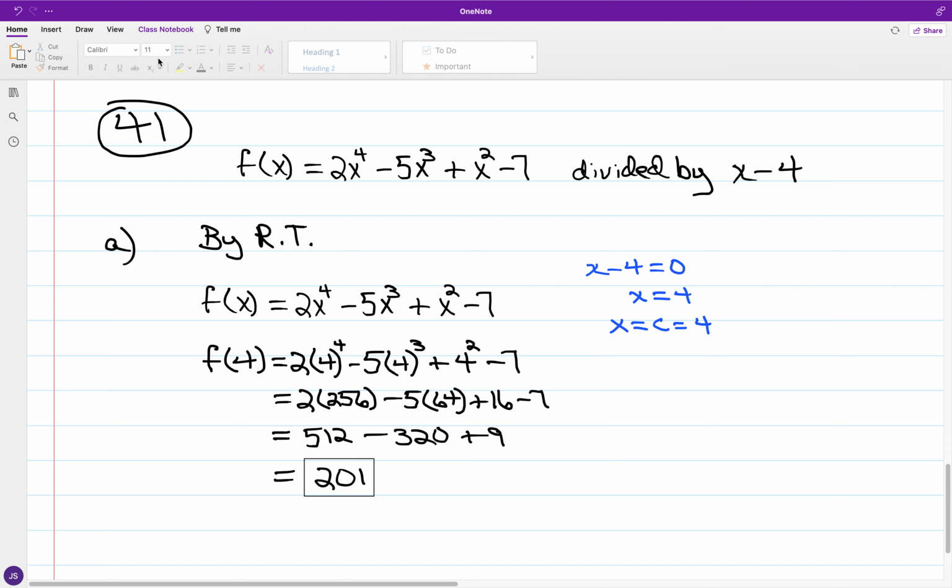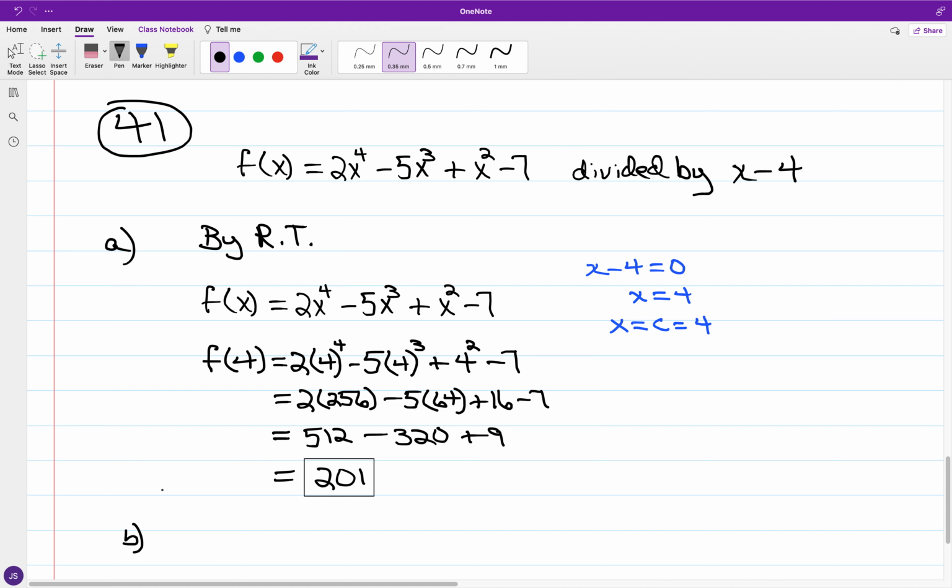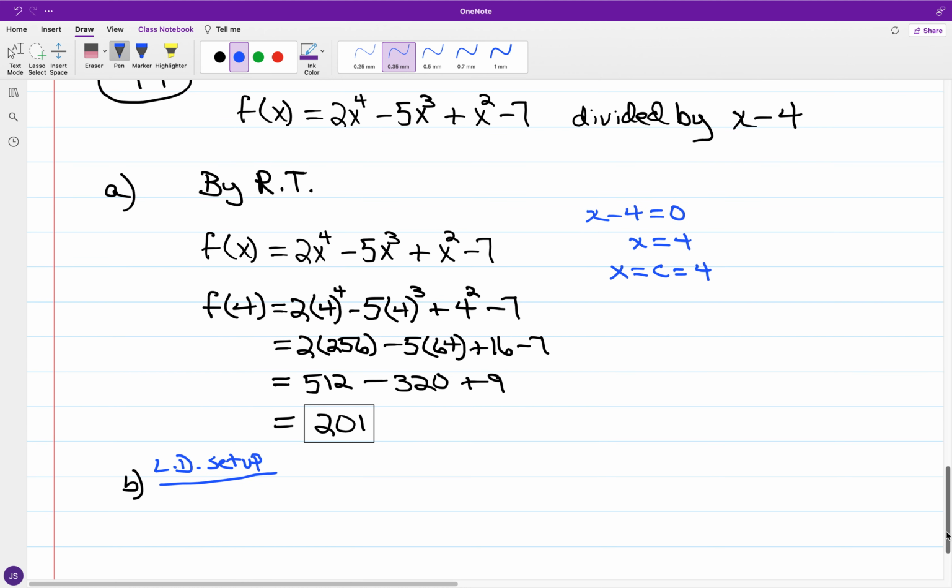And again, in terms of polynomial division, we have this particular polynomial and the divisor, x minus 4.